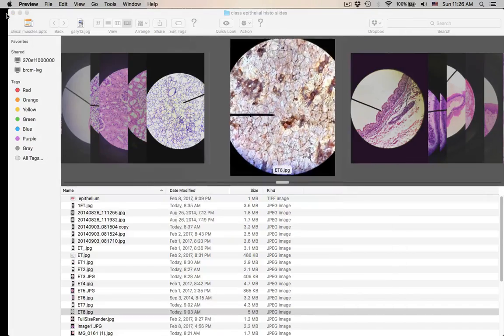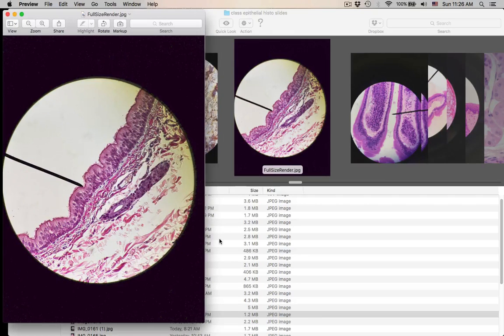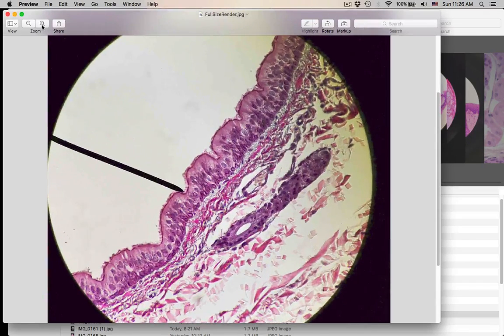So that was number 16. This is number 17. On this one, I want you to tell me not the name of the epithelial tissue, but see this apical modification that's on top of this epithelial tissue.